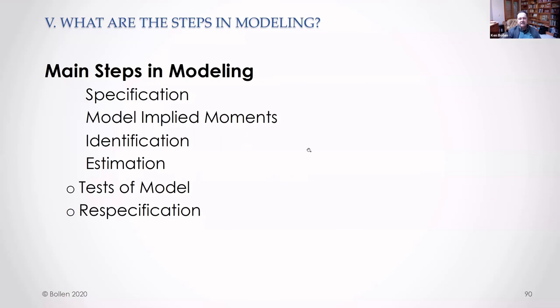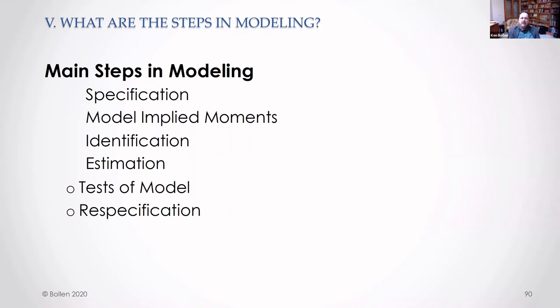All right, how do we test these things? We've specified the model. We've established that it's identified. We've estimated the model. Now, how do we know that what we've specified is correct?